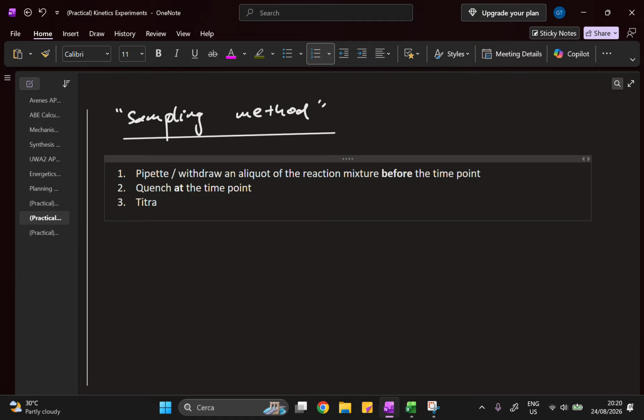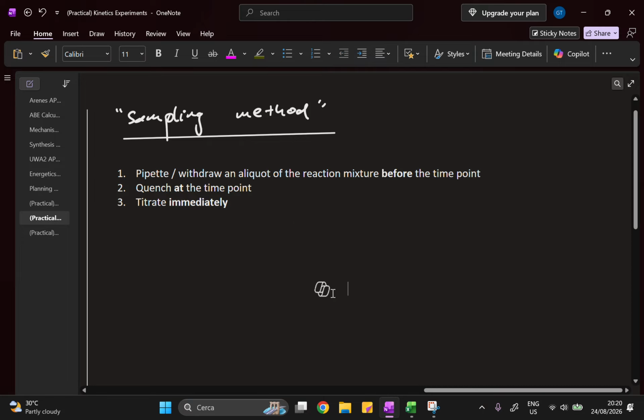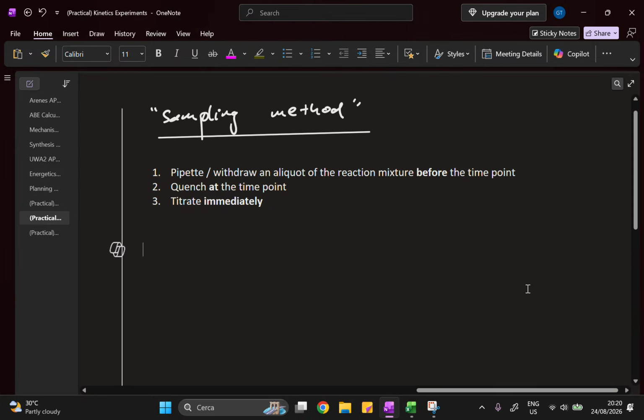And then titrate immediately. And please remember that you can only perform each titration one time. So if you overshoot the endpoint, then it's game over. You're dead if you overshoot the endpoint. That's why this is the most difficult experiment, in terms of manipulative skills, in H2 Chem. But it's also very fun. I love it.